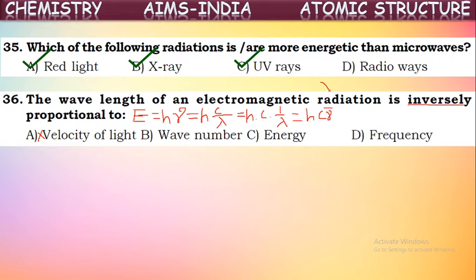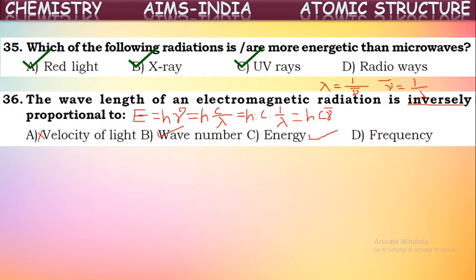Because we have the formula lambda is equal to 1 by nu bar, or nu bar is equal to 1 by lambda. So either of these two will be correct. Now what do we get from these two? Wavelength and wave number are inversely proportional one to another. This is also correct. And if you see from this equation, E is equal to hc by lambda, energy and wavelength are inversely proportional one to another. So energy is also inversely proportional to wavelength.